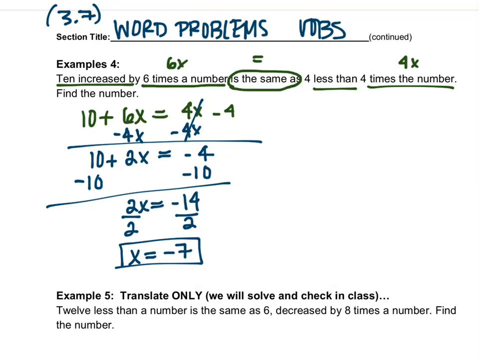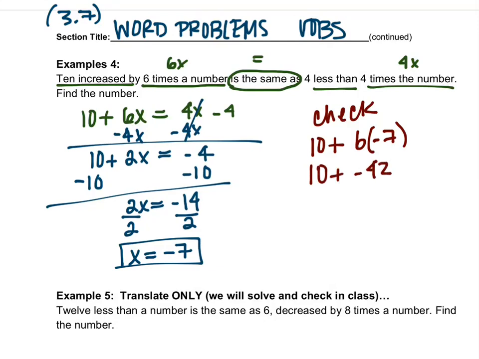Now, x is equal to negative 7, so I can go ahead and check this based on the answer I have. It's also good to double check to see if that really makes sense. So, if I take 6 times that number and add it to 10, so 10 plus 6 times negative 7, that side is going to let me know I get 10 plus negative 42.